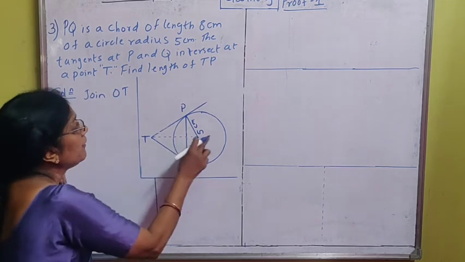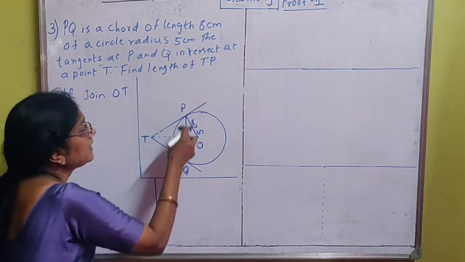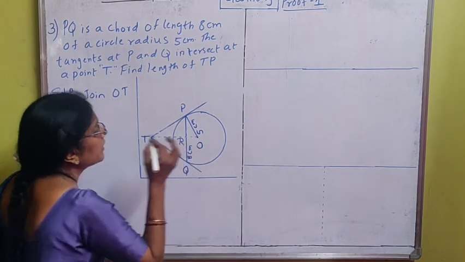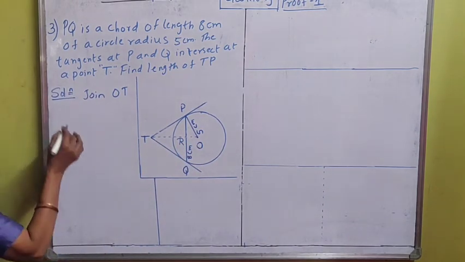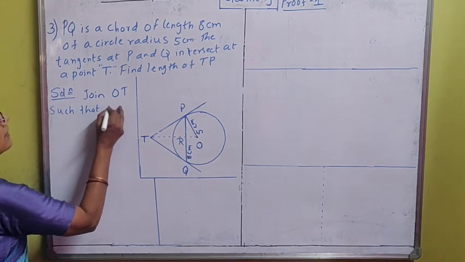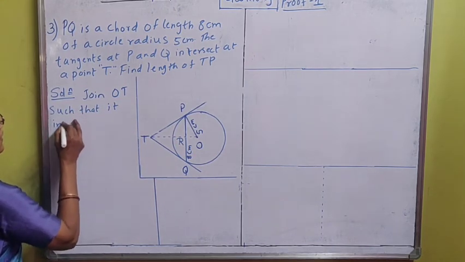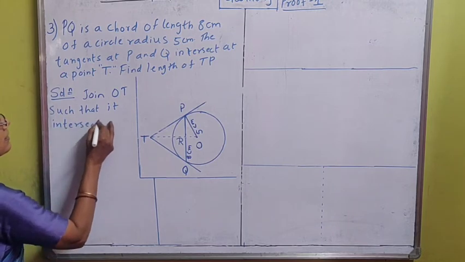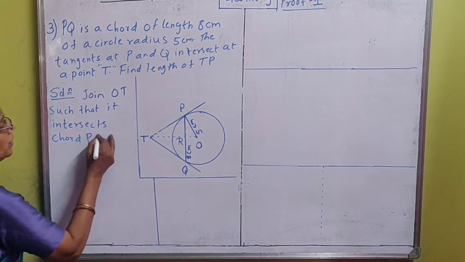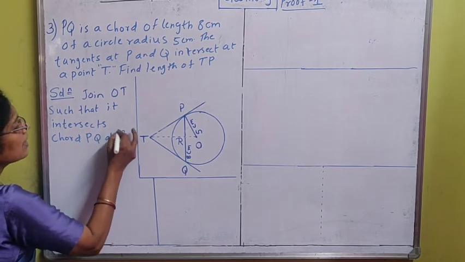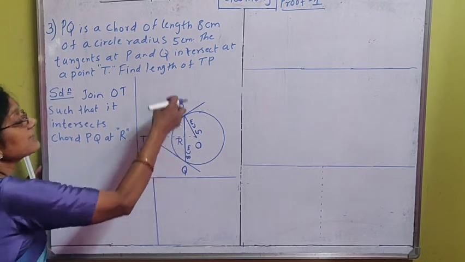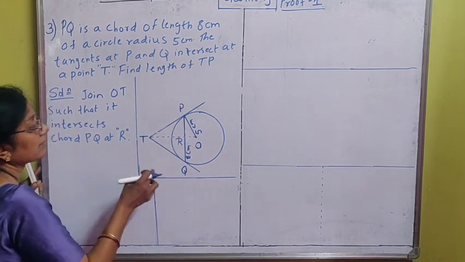Now you are seeing that if we join OT, it is intersecting the chord PQ and the point of intersection is R. So join OT such that it intersects chord PQ at R. So you can see over here OT is joined, which is intersecting chord PQ at R.